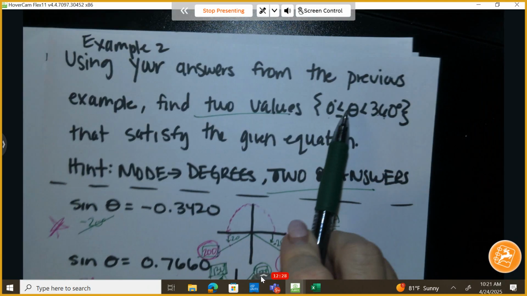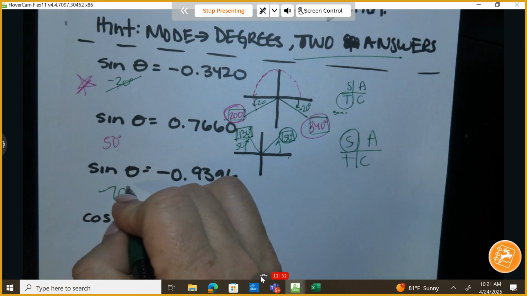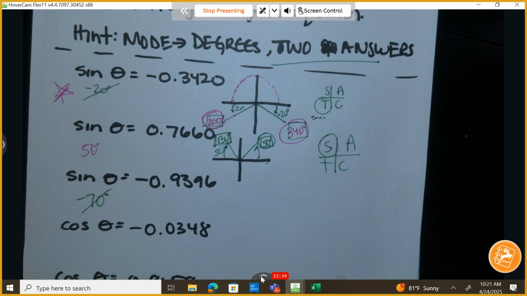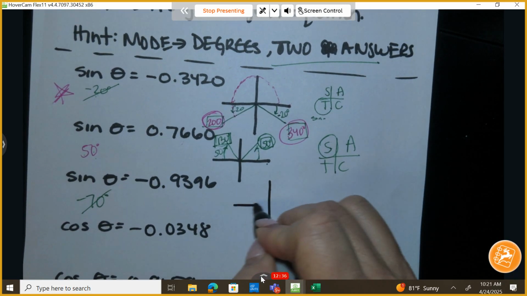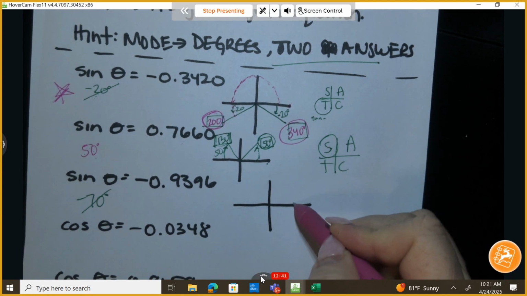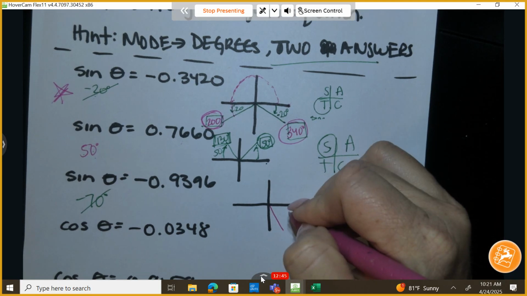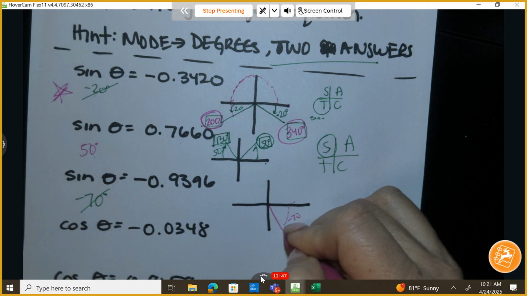Because it's negative. Can my answers be negative, guys? No. So anything that's negative, we cross out. Okay, make yourself a table. Orlando P, if you see a negative 70, which way do I go? Up or down? Down. So everybody go down 70. And I'm going to write negative 70 and make a box.